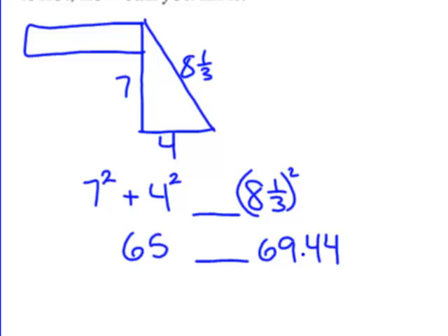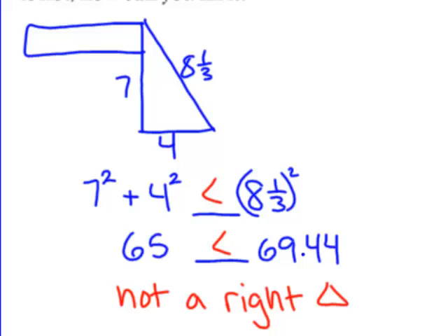So we would say that the hypotenuse is too big, which means that this triangle is obtuse. Well, it's definitely not right, but more specifically, it is obtuse. So if I wanted to bring my obtuse triangle to a right triangle, I would have to bring that pole in, which means I should shorten the string, the rope.